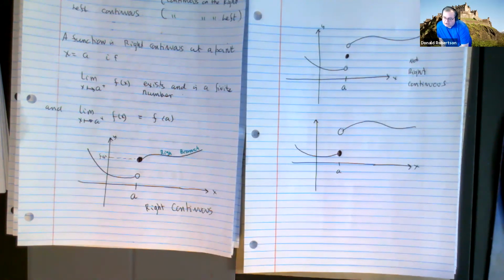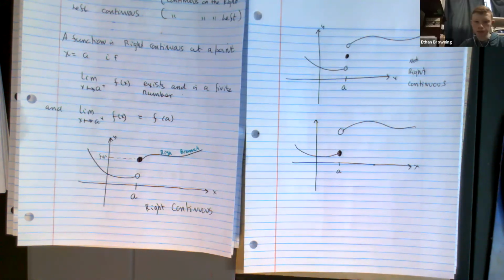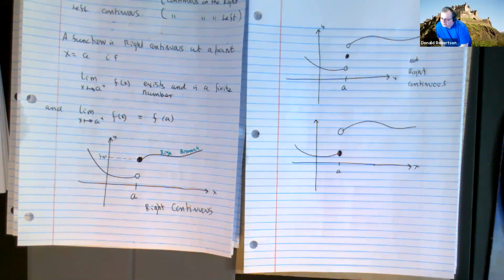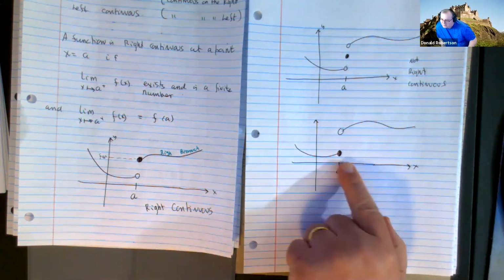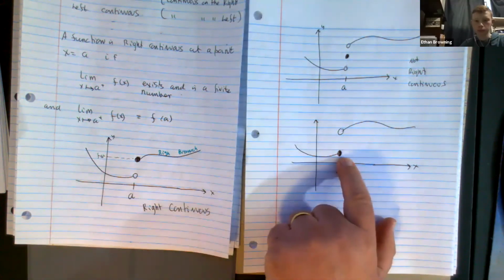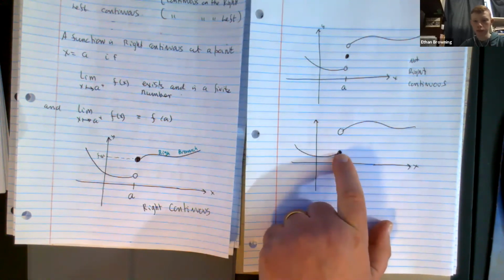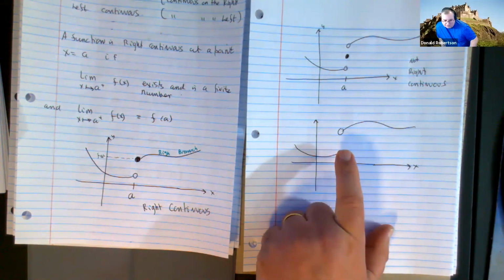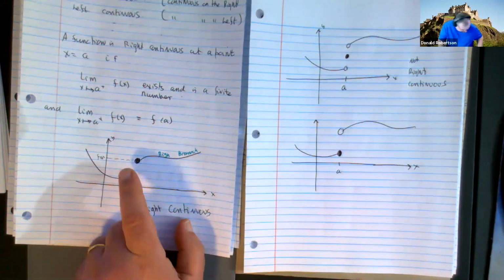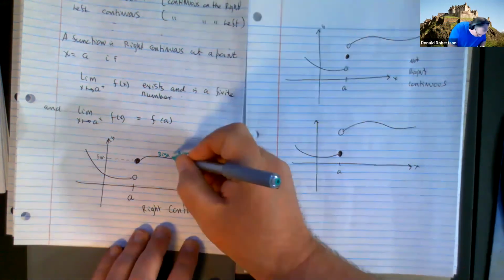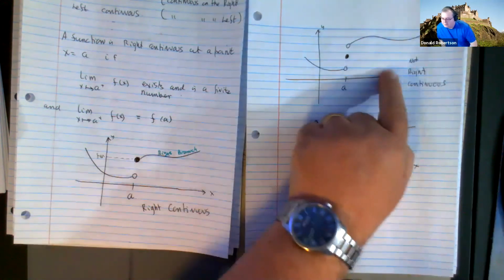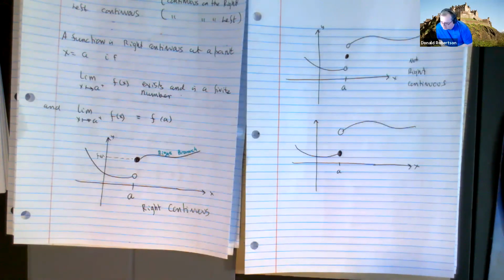Is this function right continuous at x equals a? No. Is it in fact left continuous? It's left continuous. At the end of the branch, does the function live there? So this is left continuous. This is right continuous. And this isn't anything. Well, I guess it's a jump discontinuity, but it's not left or right.